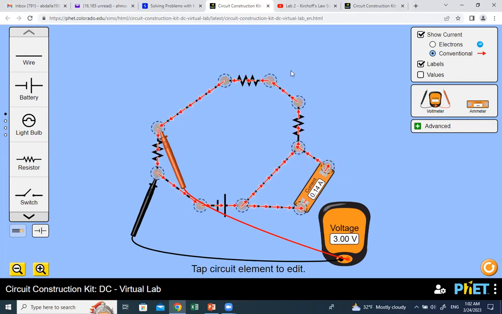Sometimes it's not accurate or there is a problem in the simulation, but the current should be the same everywhere. That's just about the connection. That's proof that the current is the same everywhere in the circuit, and this is proof of Kirchhoff's current law.